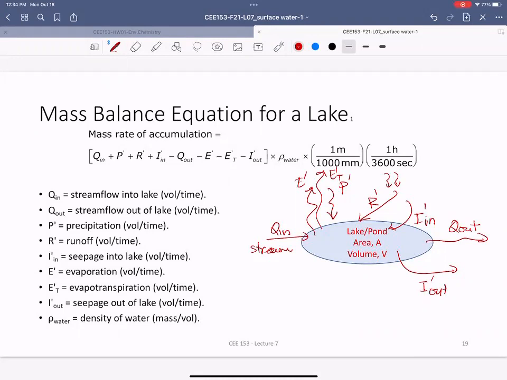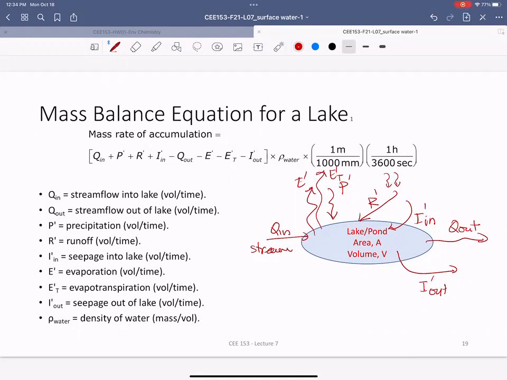There could be many other things. And then density of water. So as you can see, it's a mass balance. So you have to account for volume. If you multiply volume times density, you get the mass. That's why there is a density term. And if you assume density is constant, then you can also remove it from the system.